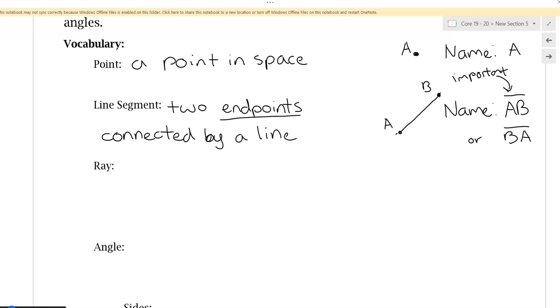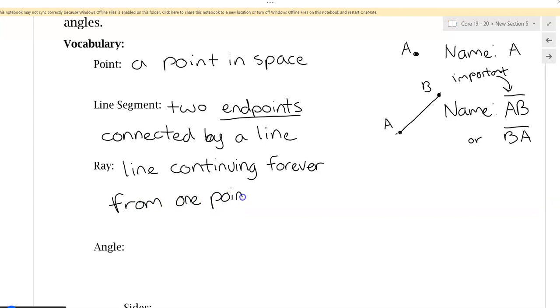A ray is a line continuing forever from one point. Okay?